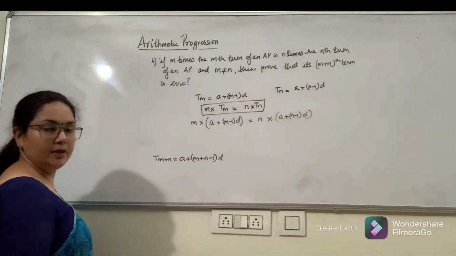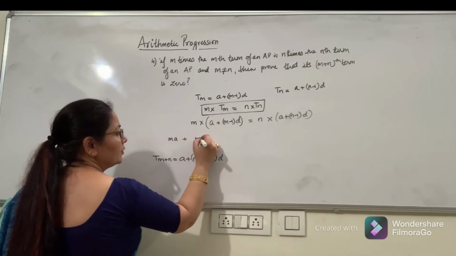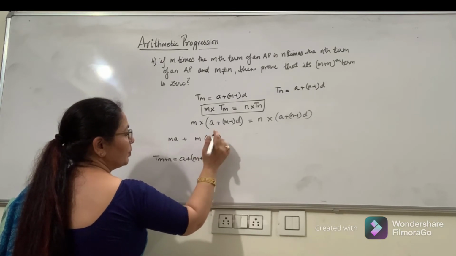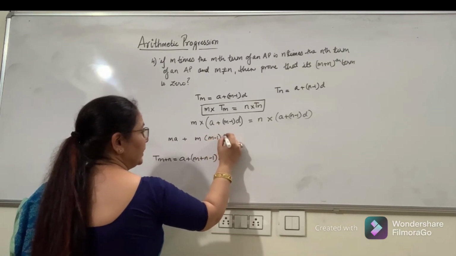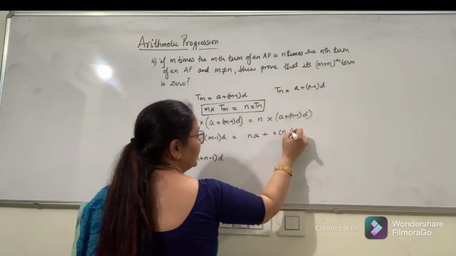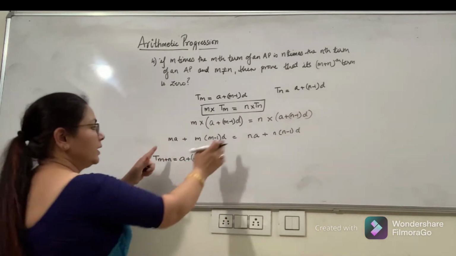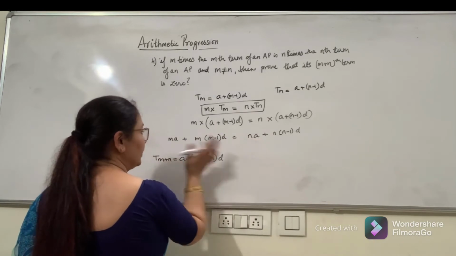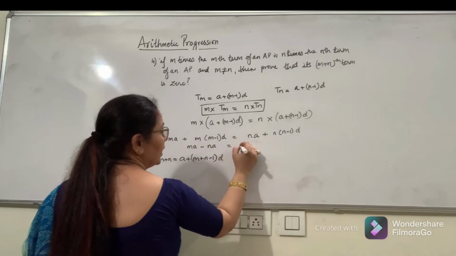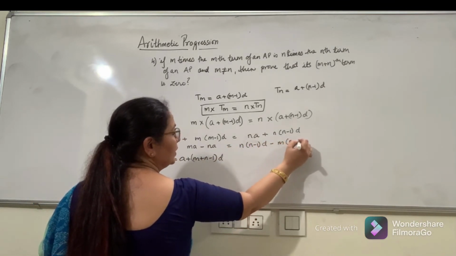Then multiplying, mA plus m, I am purposely not multiplying m minus 1, I am not opening this bracket, D. And then here nA plus n, (n minus 1)D. Now we will calculate this, shifting both terms which contain A to one side. So that gives us mA minus nA equals n(n minus 1)D minus m(m minus 1)D.